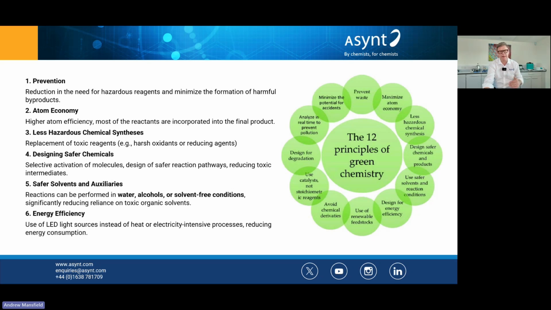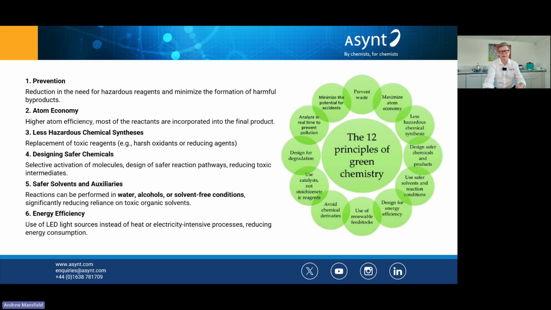And I'm not going to go into this in any detail. This webinar is recorded, so we can go back and look at this in more detail. But we can reduce hazardous reagents, in that prevention of using difficult to handle and scalable reagents. We have better atom efficiency, less hazardous chemical synthesis. We can design for safer chemicals.